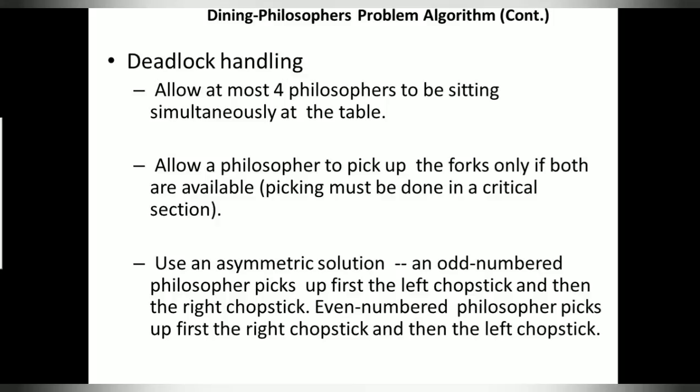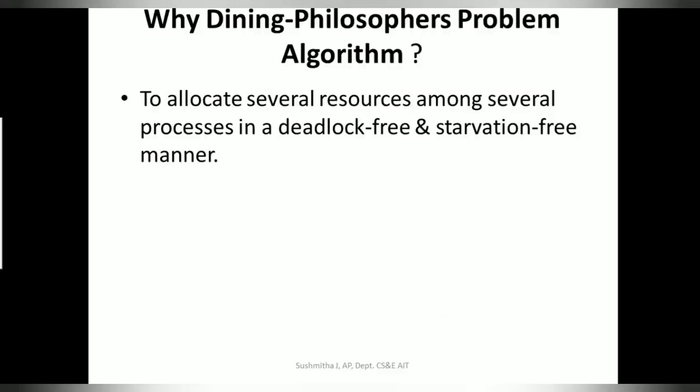Now, when I started the discussion of the dining philosopher problem, I said, how could this be related to the system? It is the same here. There are several resources and several processes. If I call the processes the philosophers and the resources the chopsticks, the processors will be here in the dining philosopher problem.